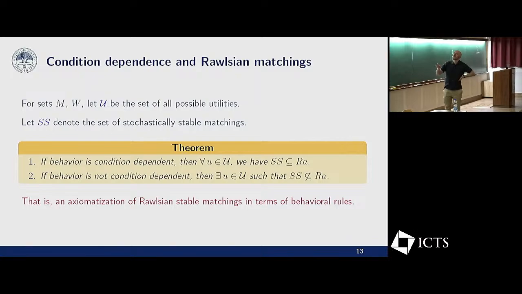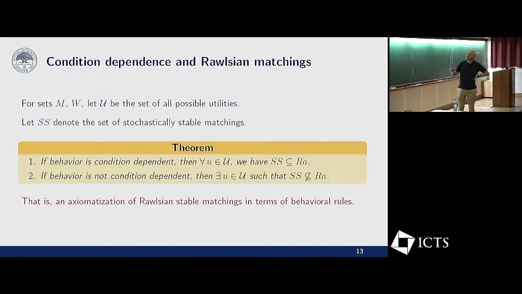So for sets M and W, we let U, big curly U, be the set of all possible utilities they could have, so numbers. And we let SS denote the set of stochastically stable matchings we looked at yesterday. As we let epsilon get small, where does the stationary probability under the stationary distribution concentrate?